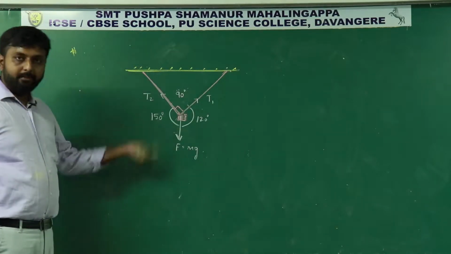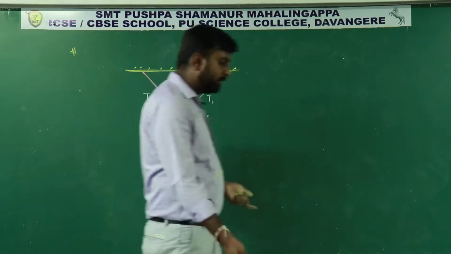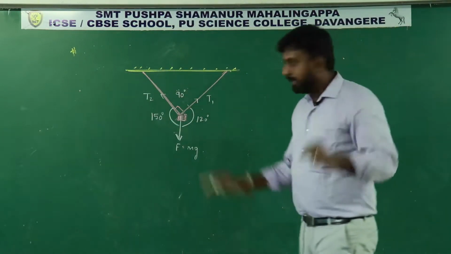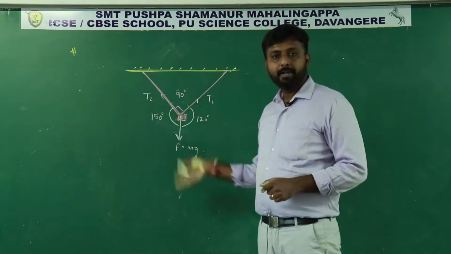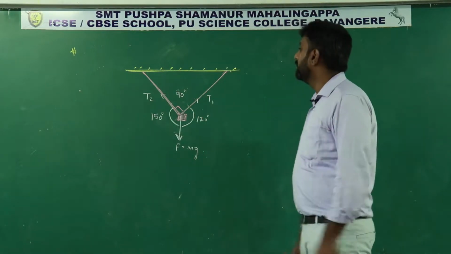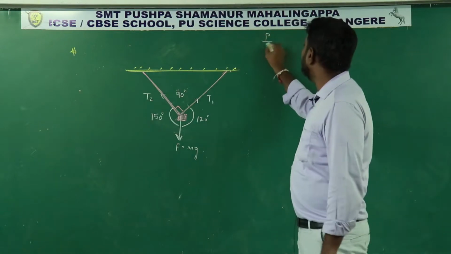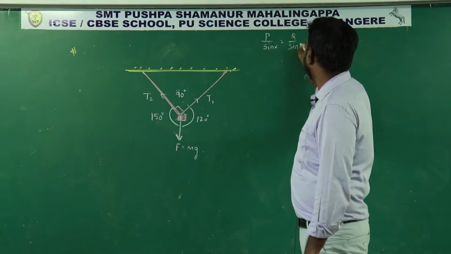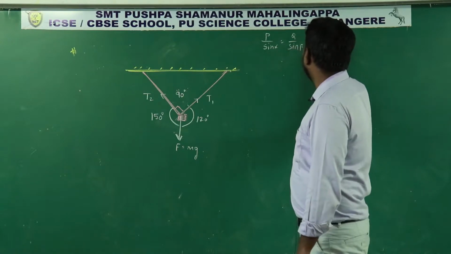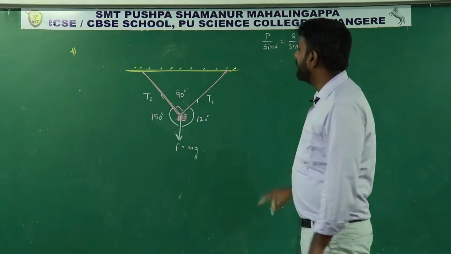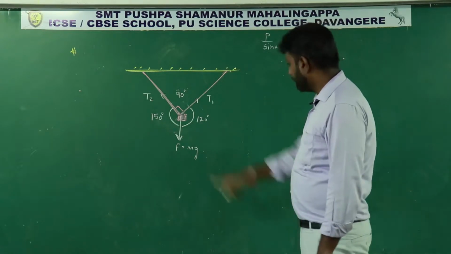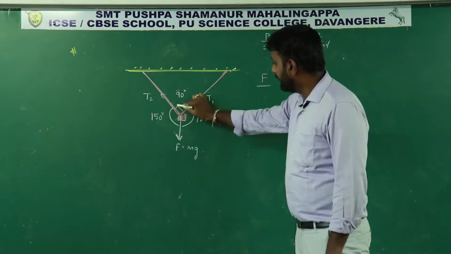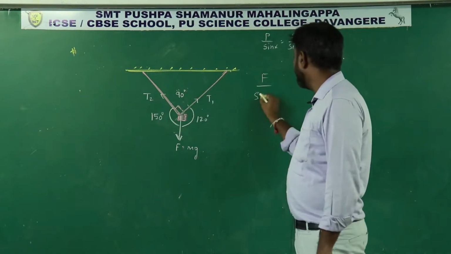So in this type of problem, three unknown forces are there and the body is under equilibrium. We can apply Lami's theorem and find the unknown forces. So how to apply? P by sine alpha is equal to Q by sine beta is equal to R by sine gamma, right? So here, for the force F, divided by its opposite angle, you see 90 degrees, that is sine 90.